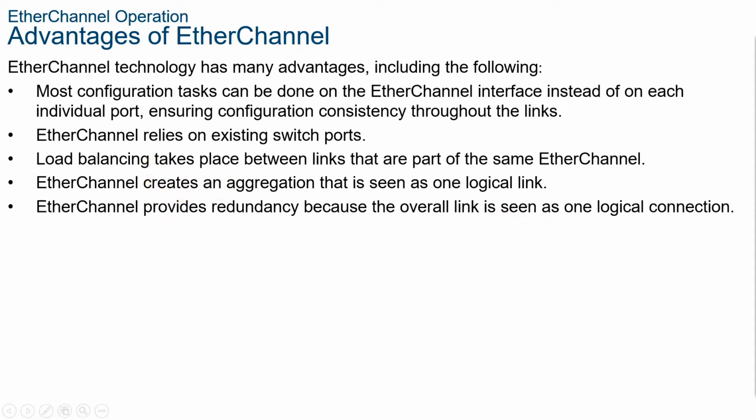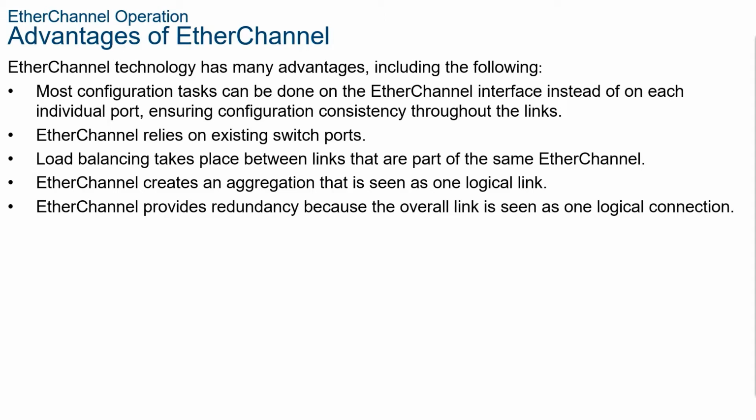These methods include source MAC to destination MAC load balancing or source IP to destination IP load balancing across the physical links. So EtherChannel creates an aggregation that is seen as one logical link. When several EtherChannel bundles exist between two switches, STP may block one of the bundles to prevent switching loops.